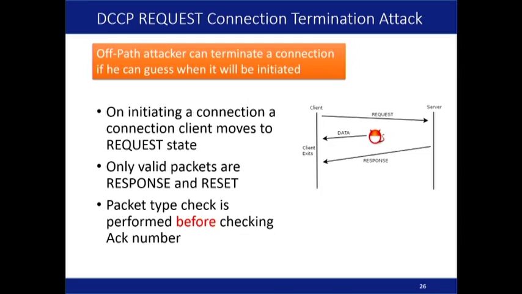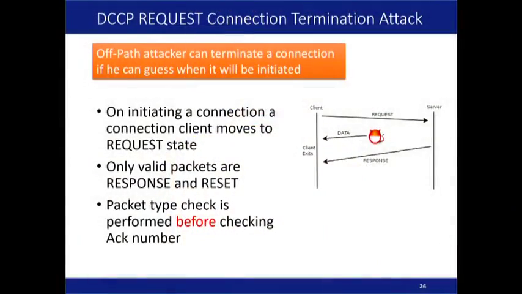Importantly, the Linux implementation of DCCP performs this packet type check before it checks the acknowledgement number in the received packet, which means that an attacker can simply send any non-response packet after the client has sent its request packet and before the server's response packet arrives, and the connection will be reset.